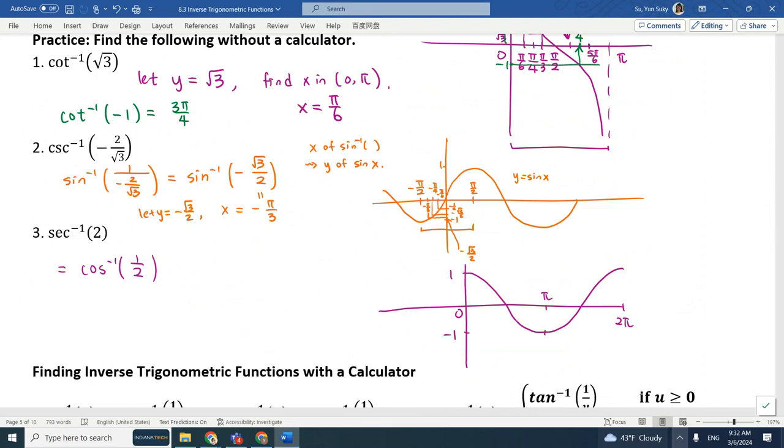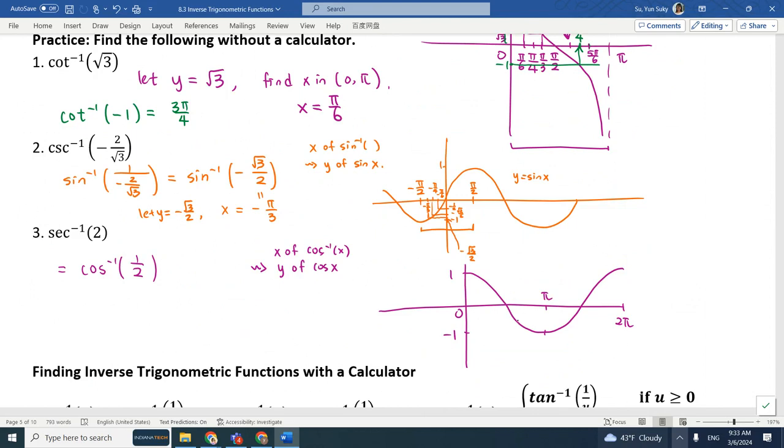And 1/2. So we know that the x of the arccosine corresponds to the y of the cosine because they are inverse functions. That's why we only need to draw the graph of cosine. We don't need to draw the graph of arccosine.